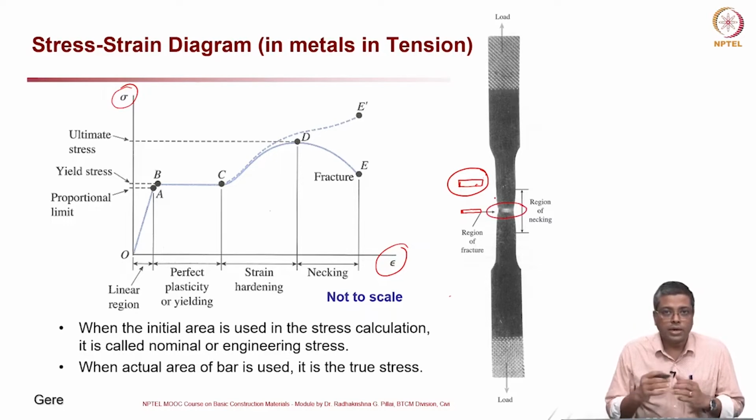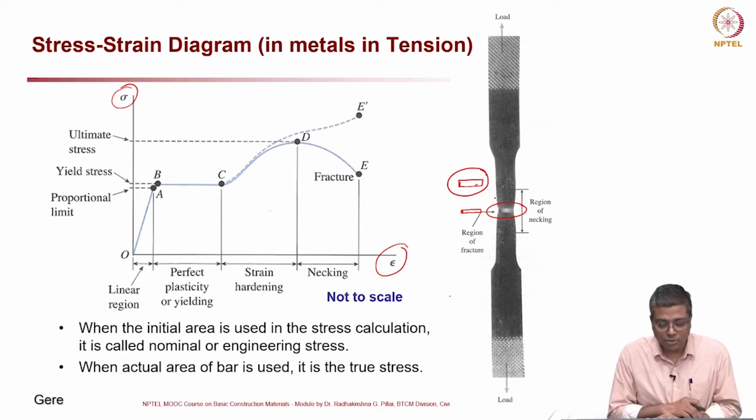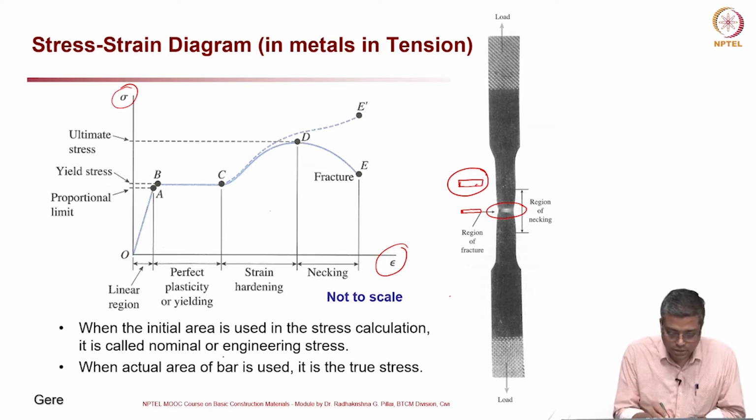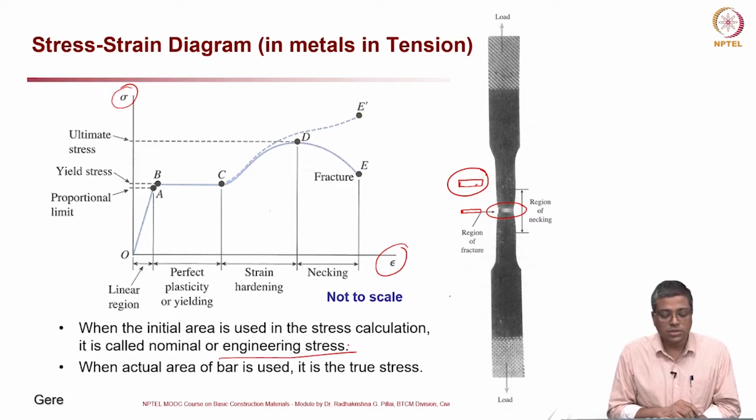The actual stress is then not what is used in the calculation, because the area changes and it is very difficult to measure that change during the testing. So, the engineering practice is to use the original area, and we call that engineering stress.